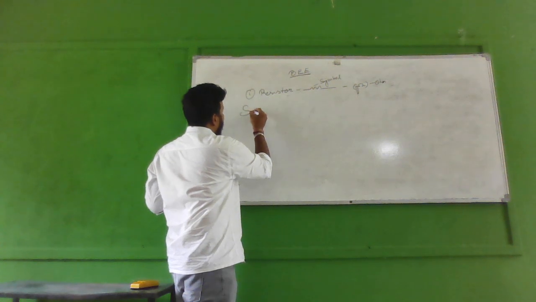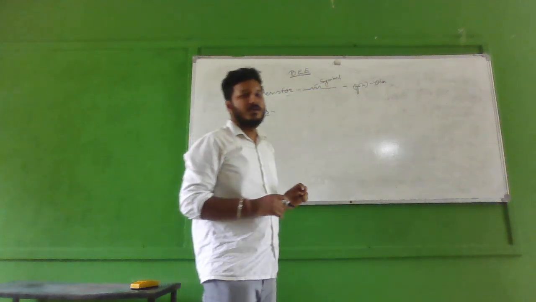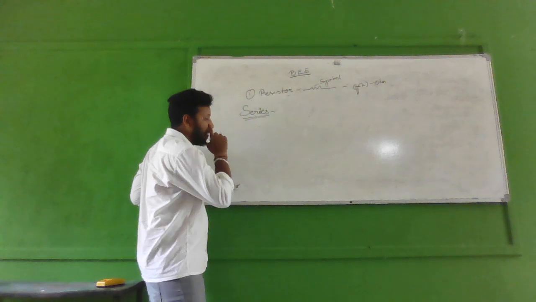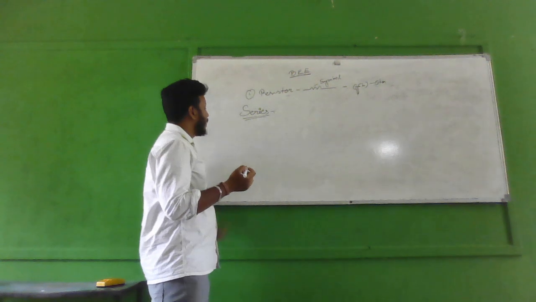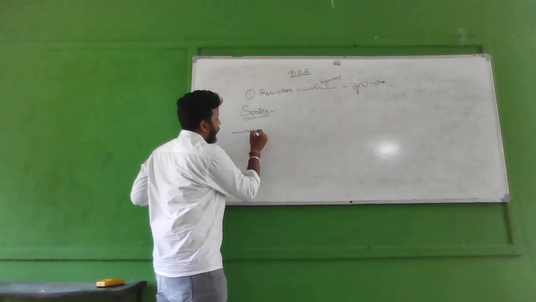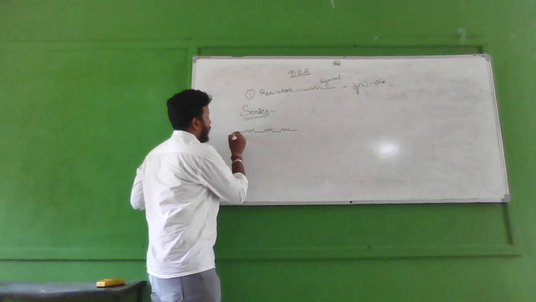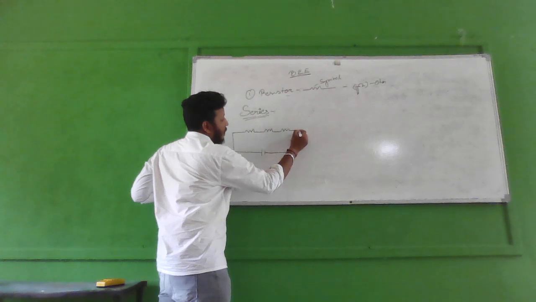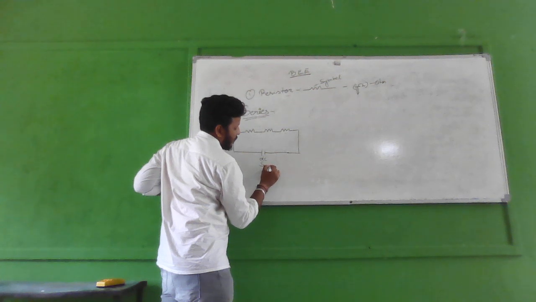So, in series connection, more than one resistor is connected in series, like resistor 1, resistor 2, resistor 3 connected in series with a DC source.